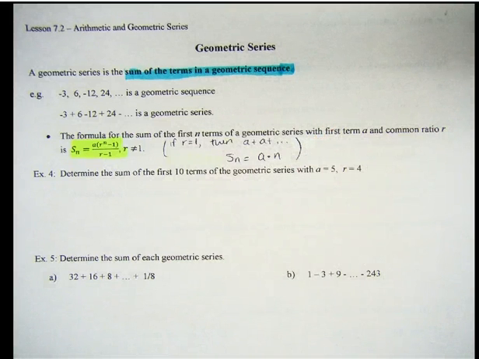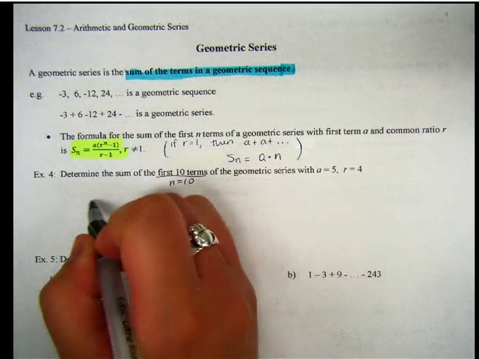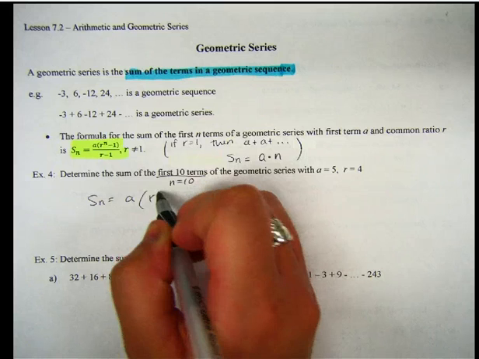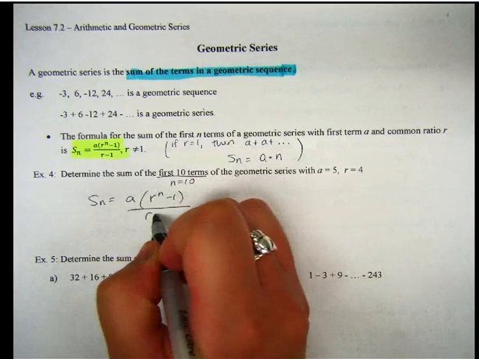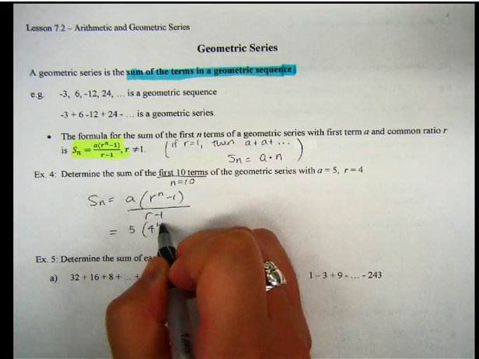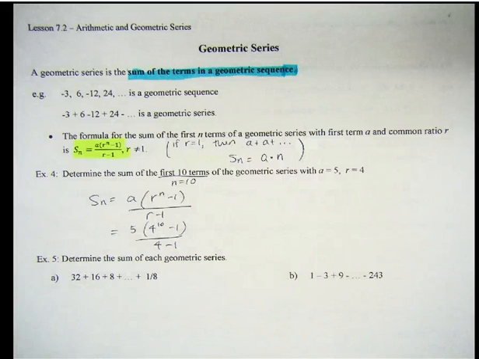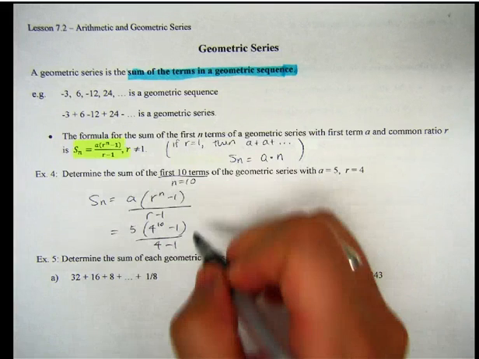All right, next example. Determine the sum of the first 10 terms of the geometric series with a equals 5 and r equals 4. Substitute everything you know into your formula, and simplify.